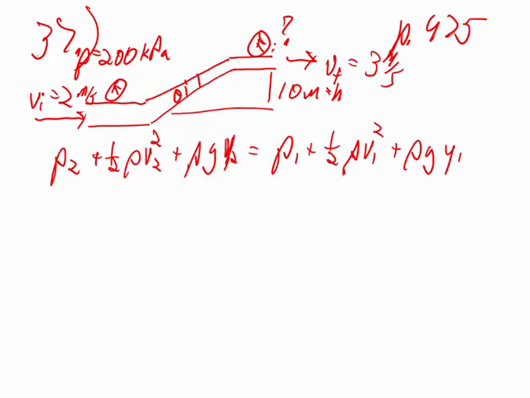Well, basically what we have to do is start plugging everything in. We know V1 and we know V2. V1 is 2 meters per second. V2 is 3 meters per second. And we have an original pressure of 200 kPa.